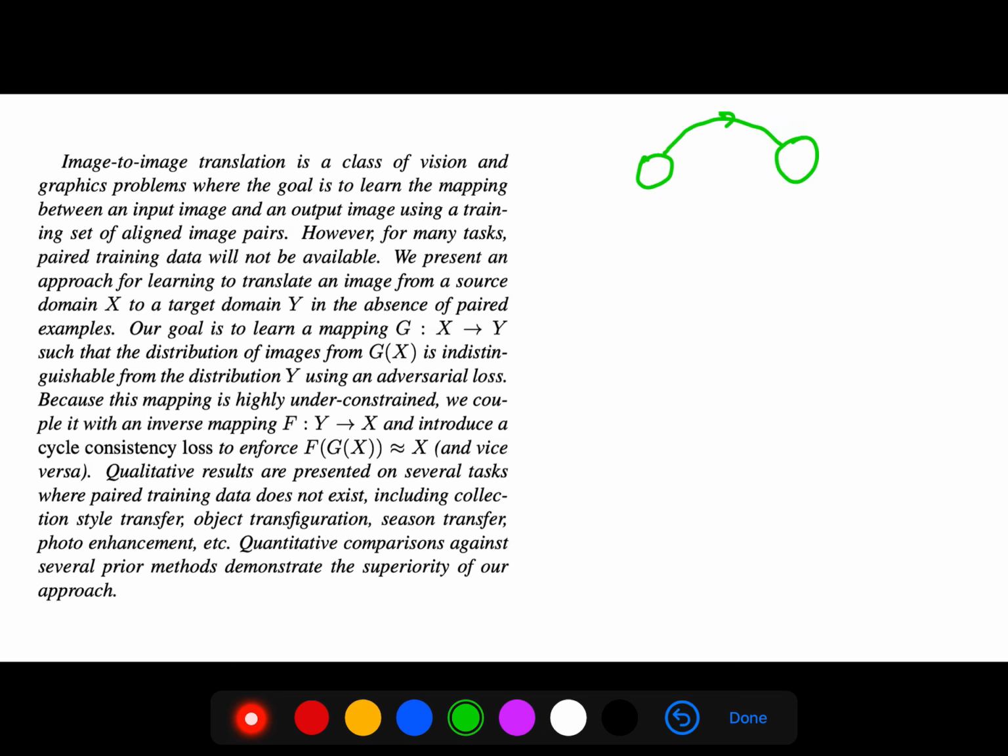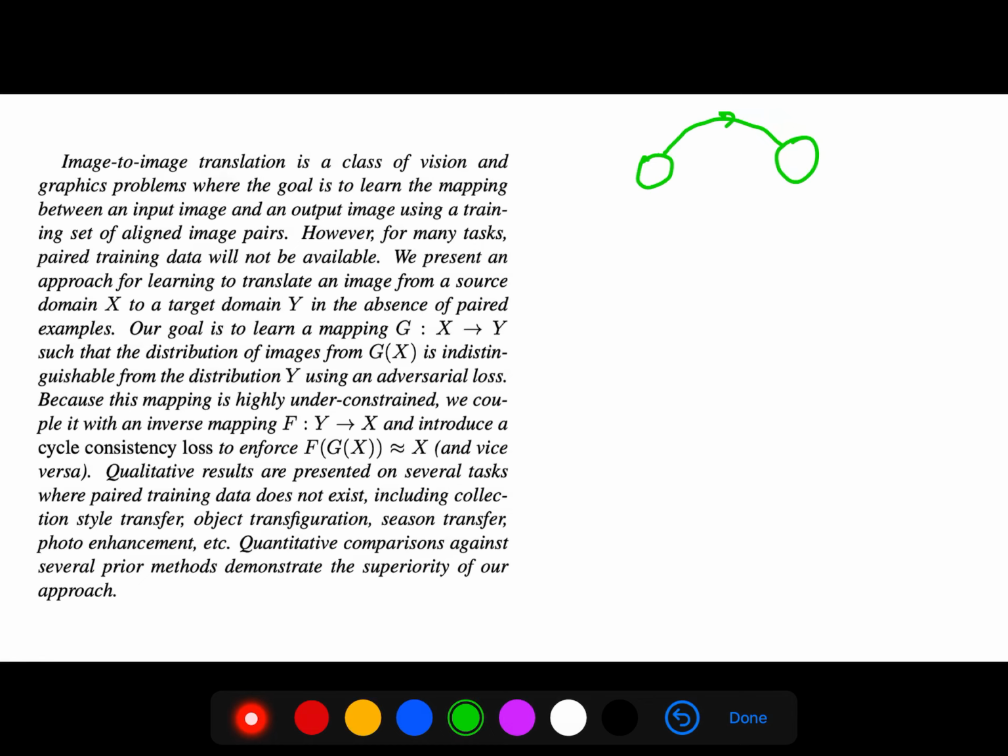So let's carry on. However, for many tasks, paired training data will not be available. We present an approach for learning to translate an image from a source domain X to a target domain Y in the absence of paired examples.